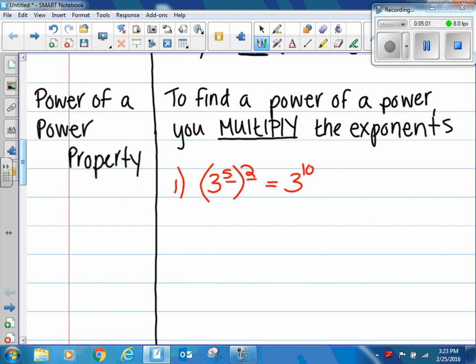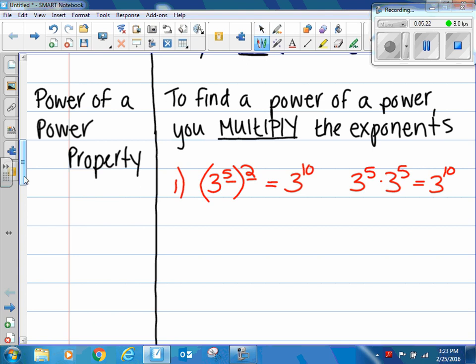And another way to look at this, 3 to the 5th squared is technically 3 to the 5th times 3 to the 5th. Now, these are the same base, so I can add the exponents. 3 to the 5 plus 5 is 10. So very different way of looking at it, but that's why the multiplication there works.